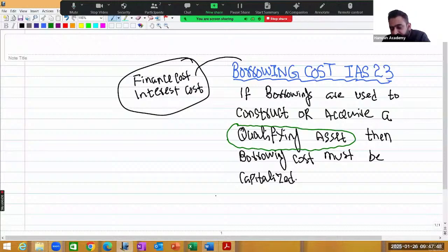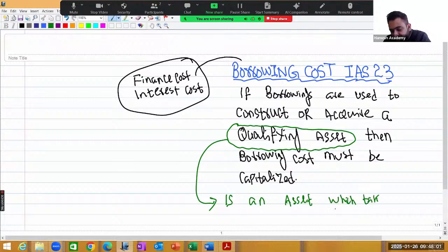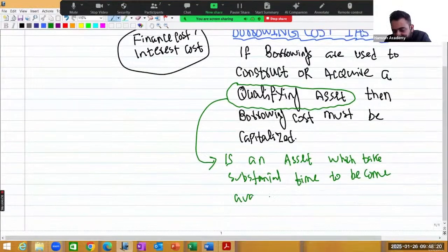Now, what is a qualifying asset? A qualifying asset is an asset which takes substantial time to become available for use.